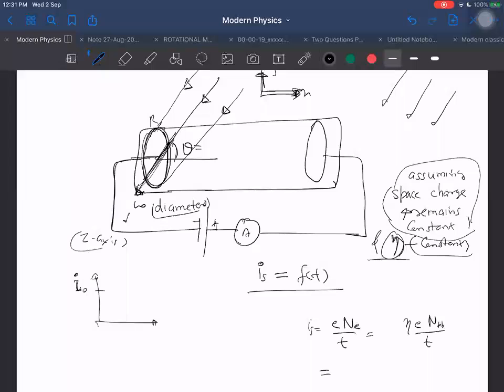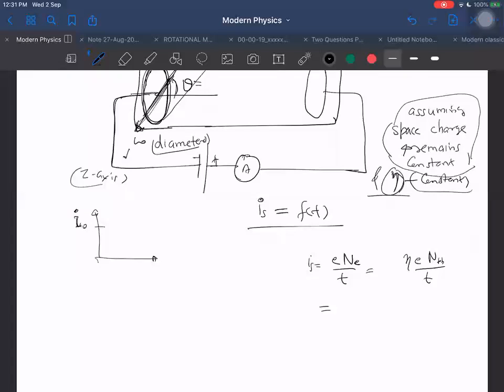But I want to find the number of photons in terms of intensity and power. So I will get that by this relation. We know that power incident is equal to number of photons incident upon time into h into f. That is power incident, right?